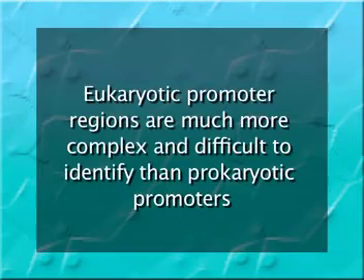Eukaryotic promoter regions are much more complex and difficult to identify than prokaryotic promoters. The promoters have two regions of highly conserved sequence: a recognition site and an RNA polymerase binding site.